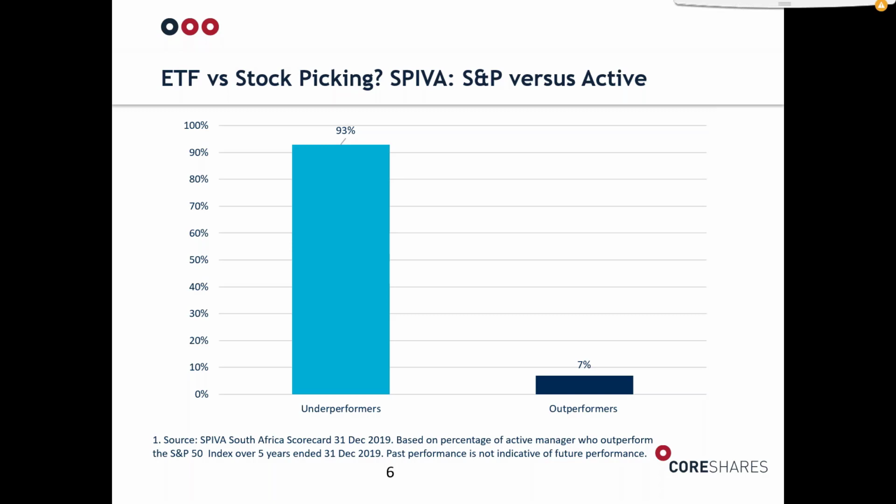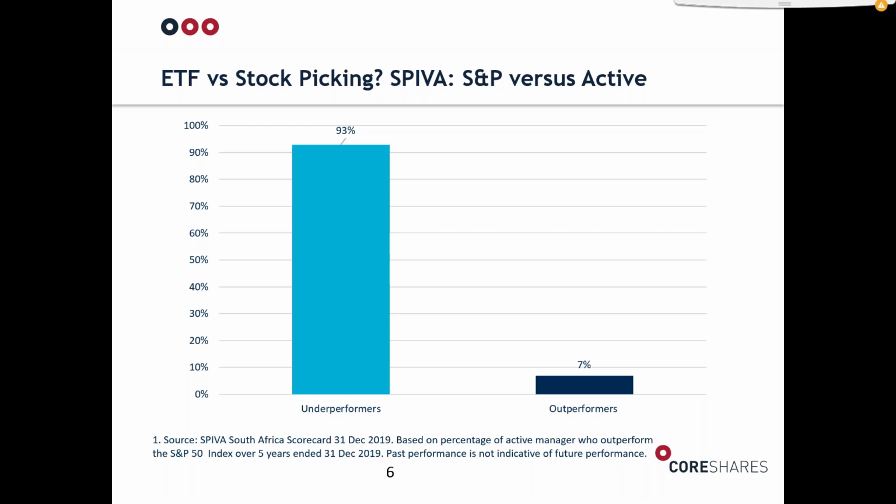So in South Africa, they actually do a SPIVA scorecard on all the active managers. I'm not talking about people who have share trading portfolios, but the unit trust active managers. So the big names that we're all familiar with, who go and stock pick and try and outperform the market.